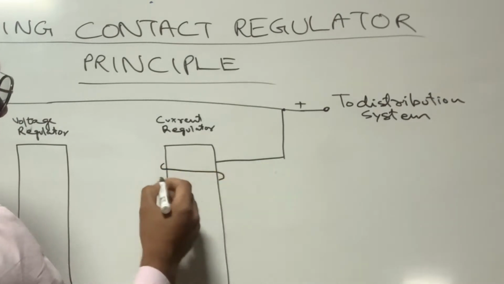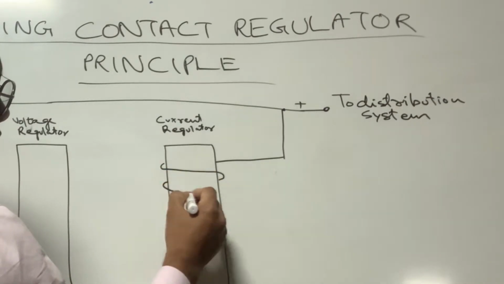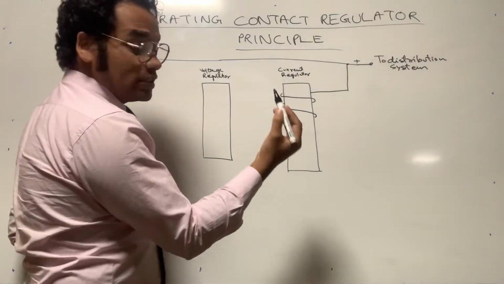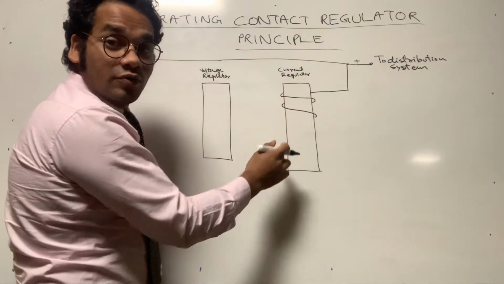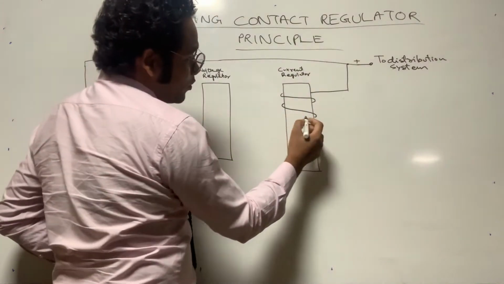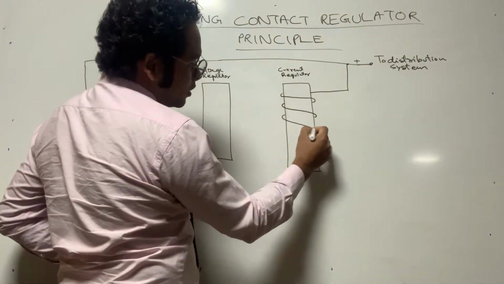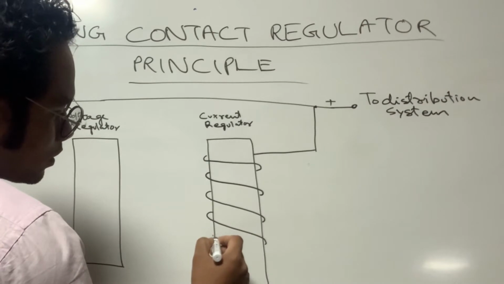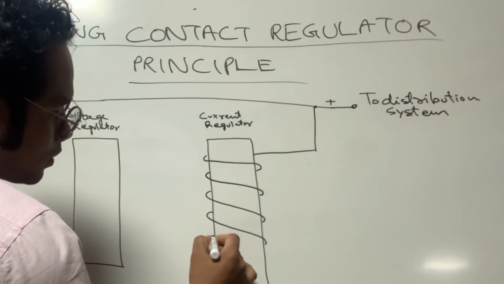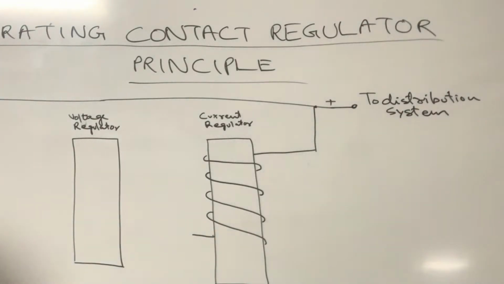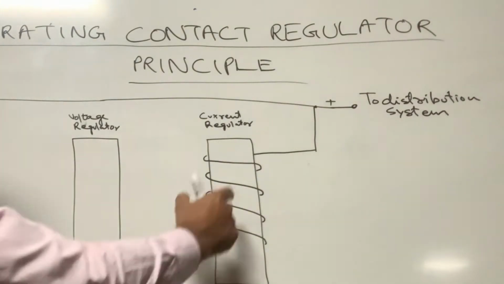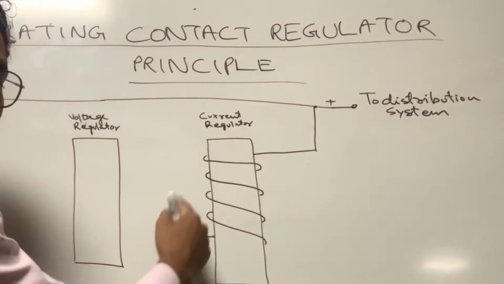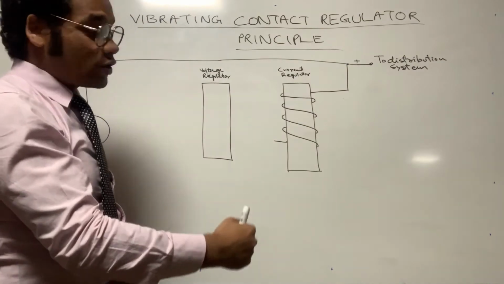Suppose I'm using this black to represent a few turns of thick copper wire in this core. So what have I drawn here? This is the current regulator and its winding, that is a few turns of thick copper wire.